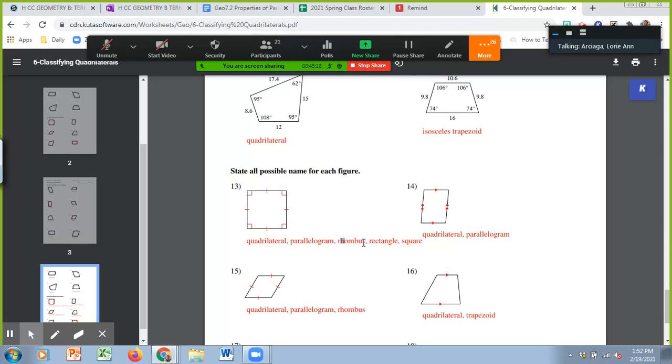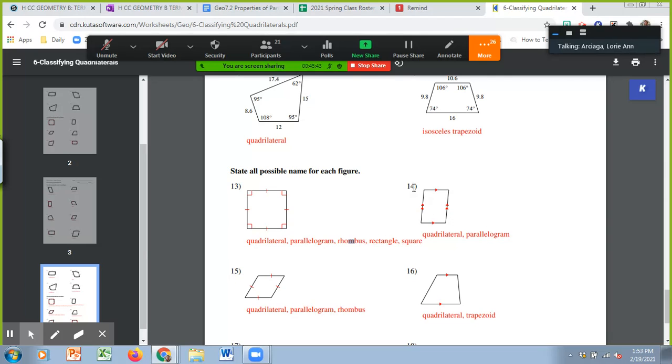So that means if you have a square, it is also called a rhombus. I wanted to come up with a quadrilateral tree, or maybe we could Google that next time. I'm trying to find a very good one that summarizes all those properties. I'll share one with you once I find a good one.